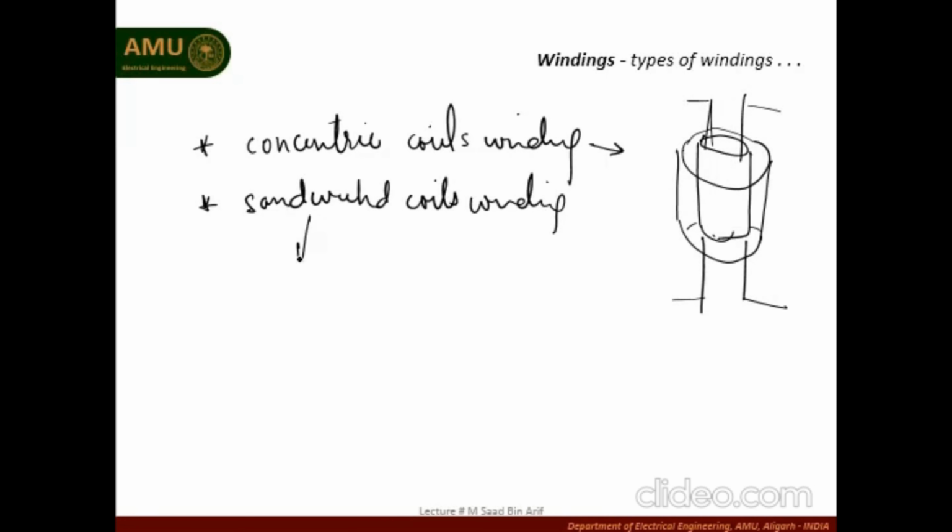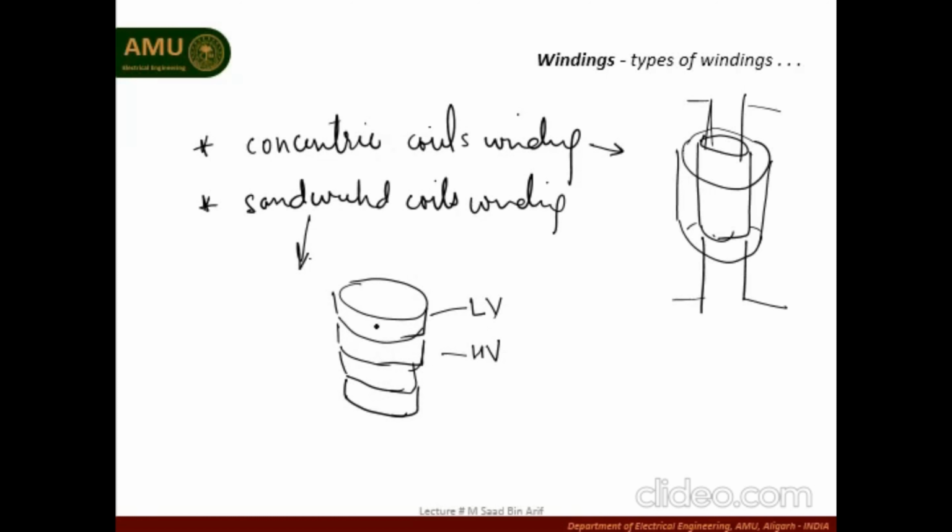Whereas in the sandwich type of winding, first we make a layer of one type of winding, for example low voltage winding, then we make a layer of higher voltage winding, then again we make a layer of lower voltage winding. So in an alternate manner we place the different types of winding and we put all the windings together on the limb like this. So these are two types of windings.